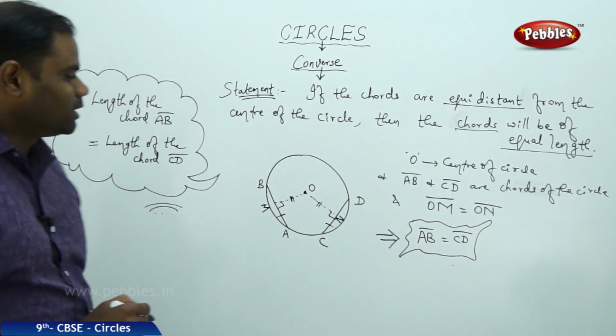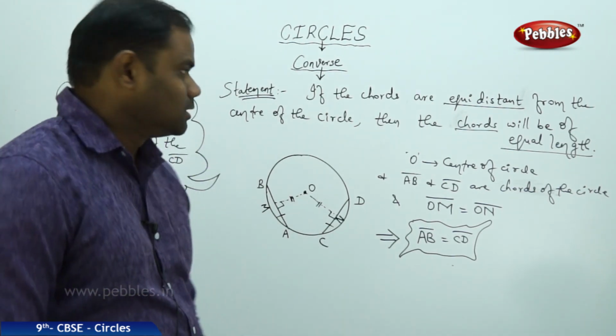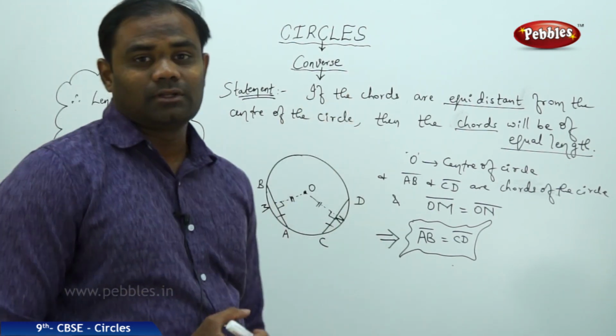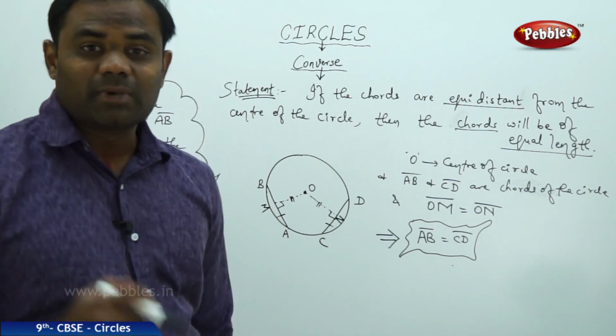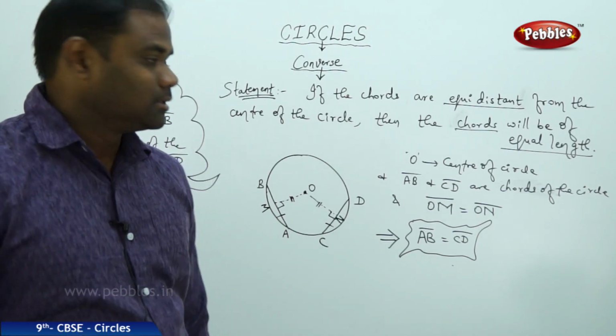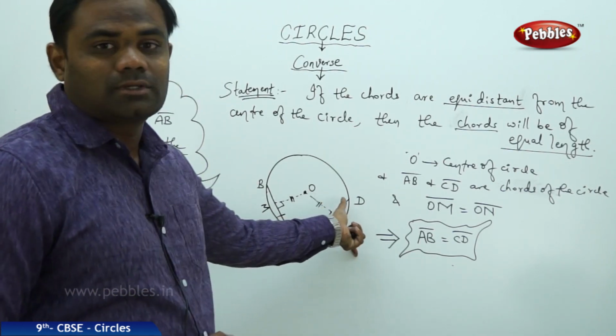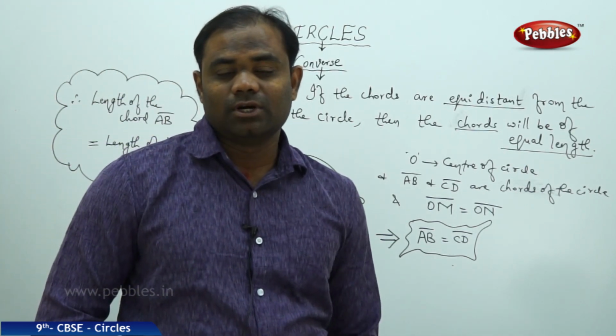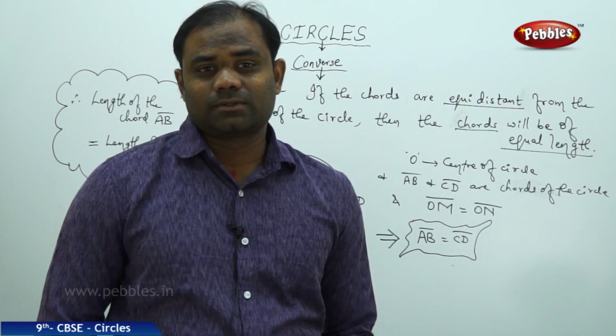So this is how we understand the converse. If the chords are equidistant from the center of the circle, then the chords must be of equal length. AB equals CD in this case. The converse holds true for chords.